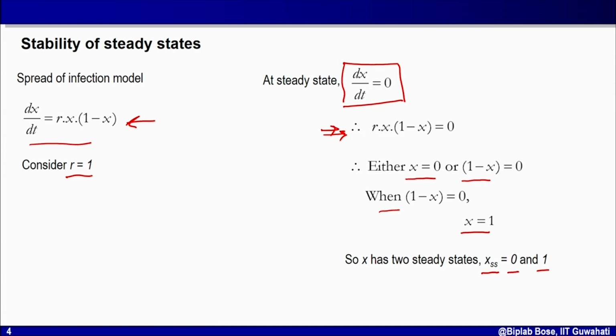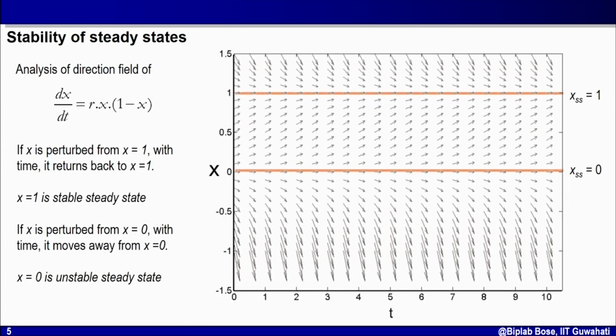So let us try to understand the concept of stability of these two steady states using direction field. If you remember, direction field is nothing but a graphical representation of how the dependent variable changes with time.